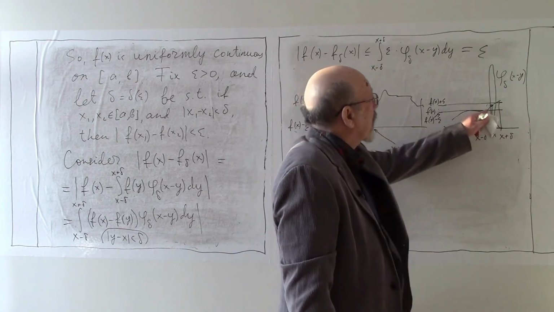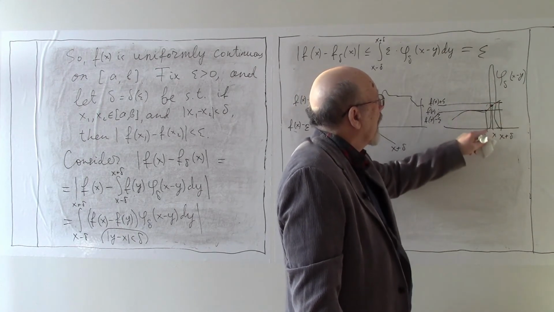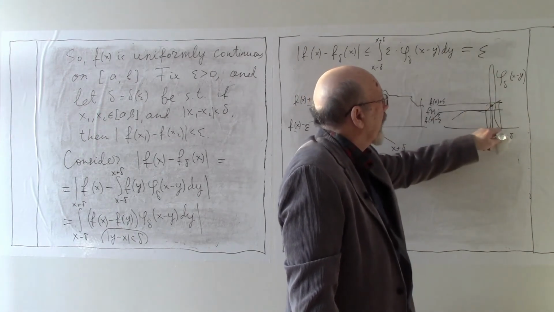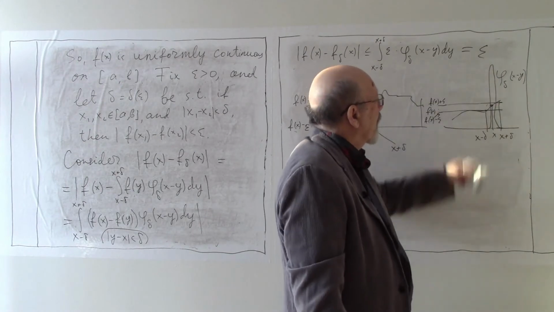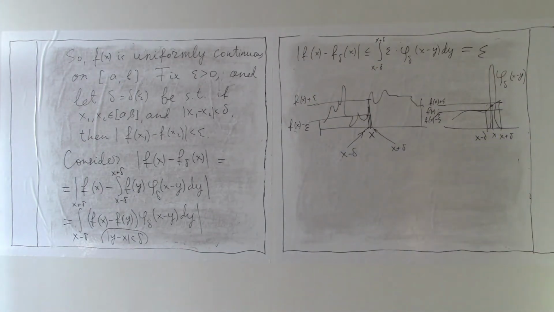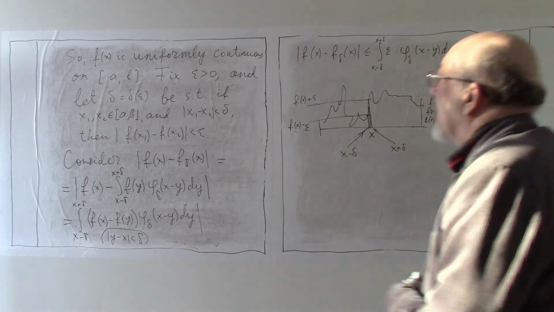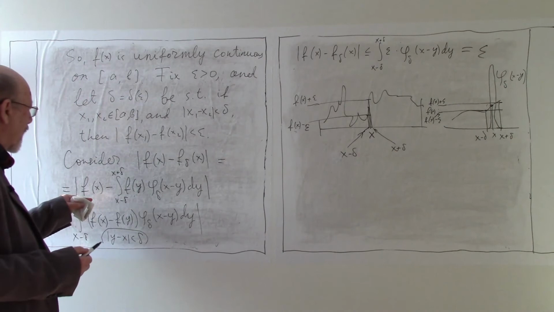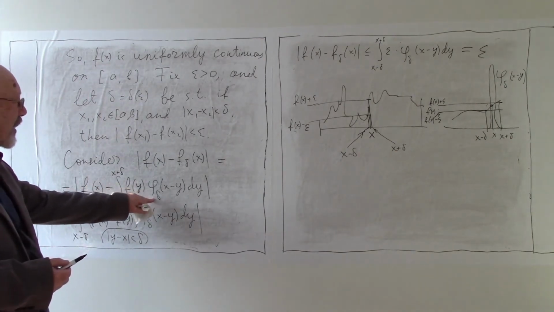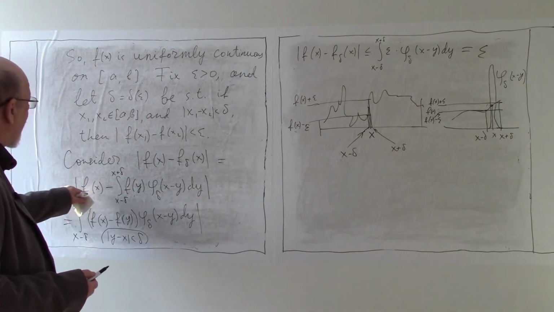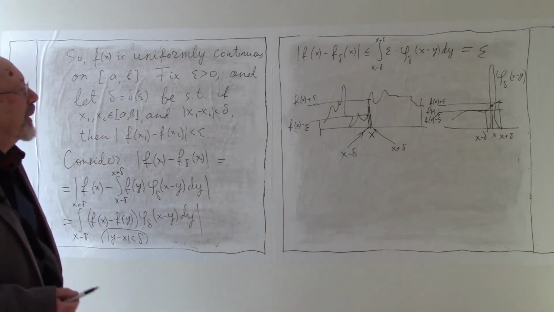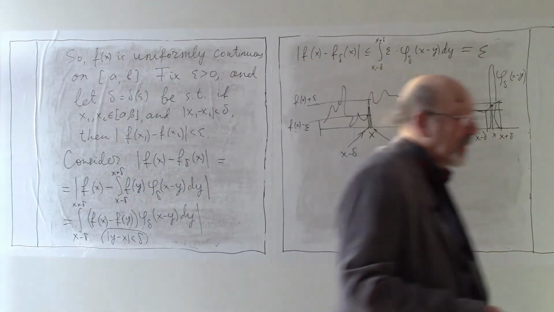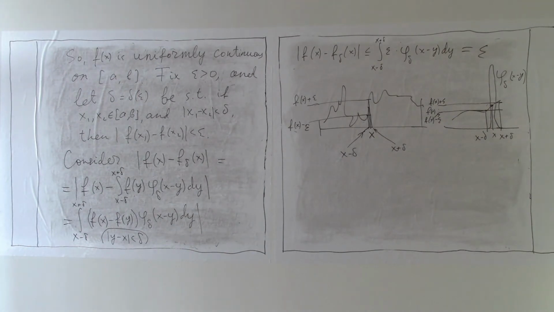So we integrate this small function with this weight, and the integral is less than epsilon. That's it. So we proved that for any epsilon there exists delta such that f(x) minus f_delta(x) is less than epsilon. This is exactly what I wanted to prove.